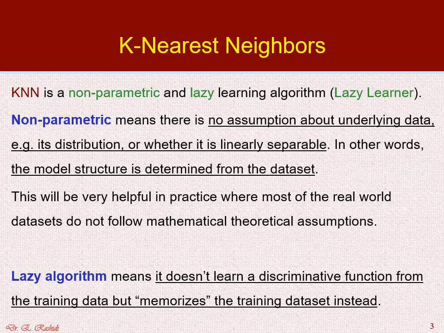A lazy learning algorithm does not need any training data points for generating the model. All training data are used in the testing phase instead. This makes the training step faster and the testing phase slower and also costlier.